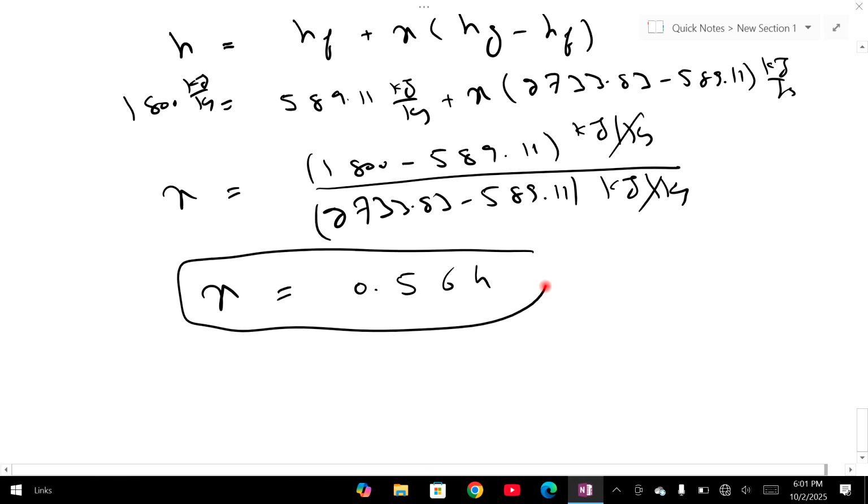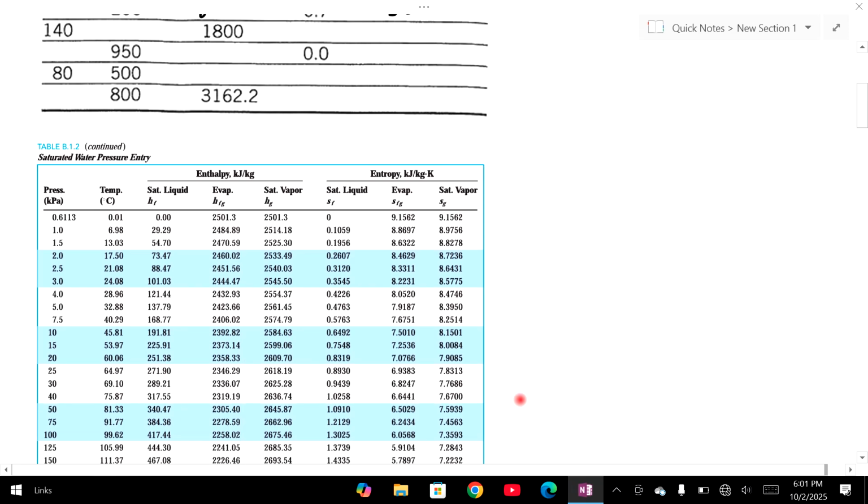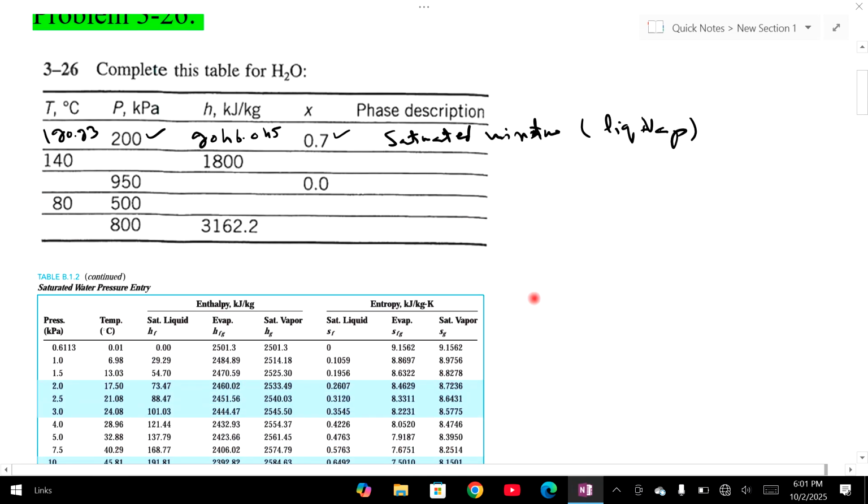So row number 2 has been completed. Now fill row number 2: saturation pressure is equal to 361.3 kilopascal, X is equal to 0.564, and this is a saturated mixture, liquid plus vapor.